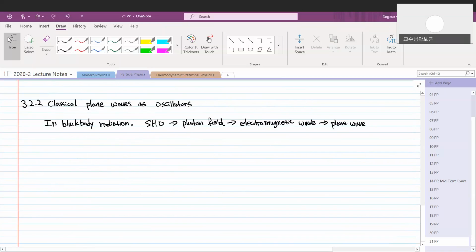First, let's visit the simple harmonic oscillator in classical view and quantum view. It is one simple harmonic oscillator.